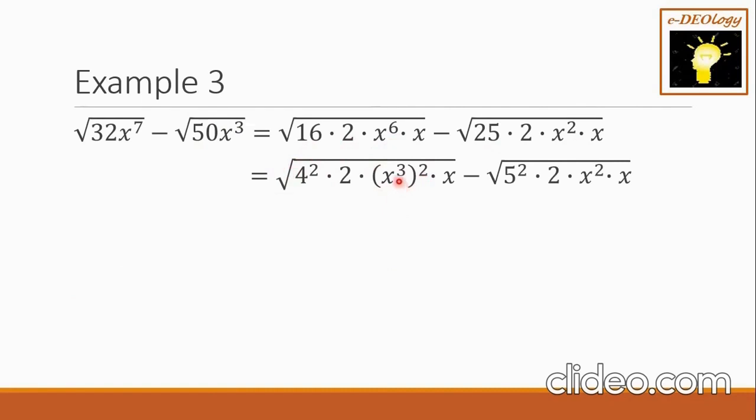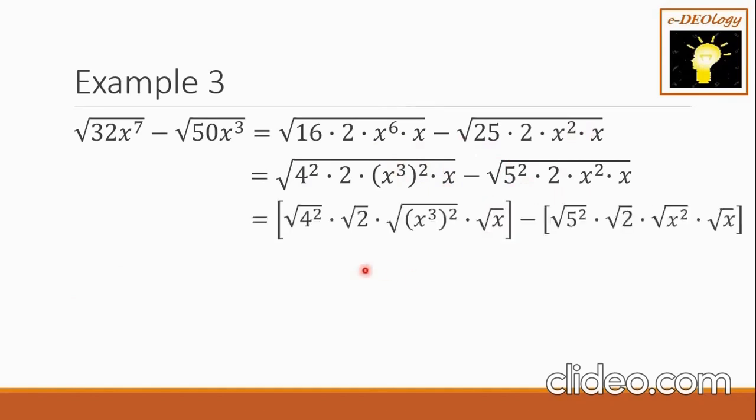So checking here, if I multiply the 3 and the 2 powers, I will get back to that power 6. And then the x factor will just be copied down here. On the second radical, the 25 is now represented as 5 squared, and the rest we just copy down here.